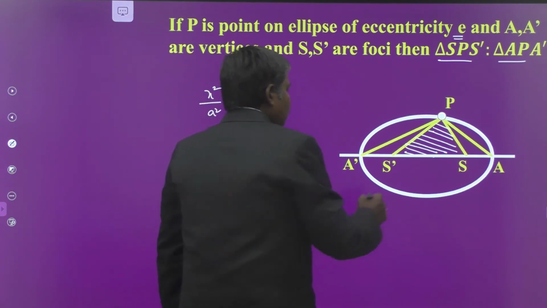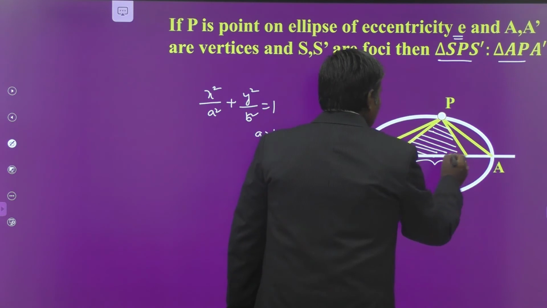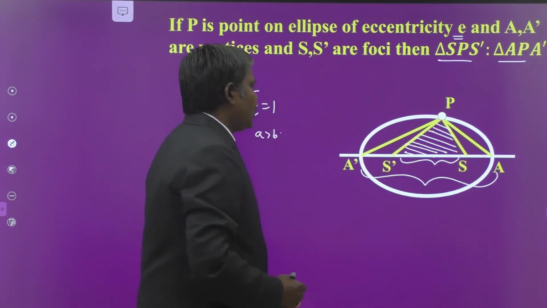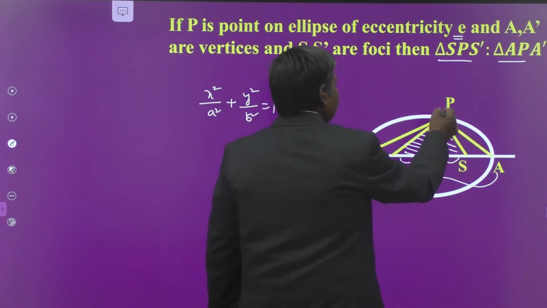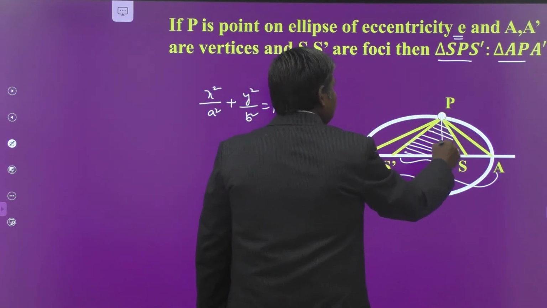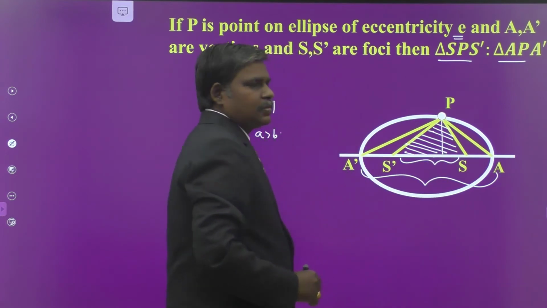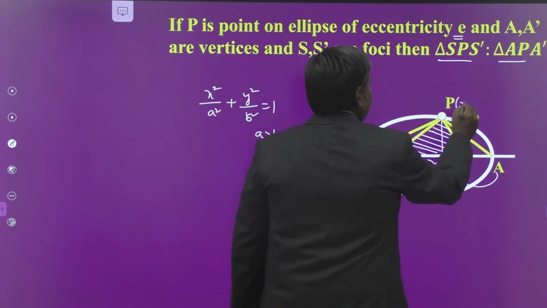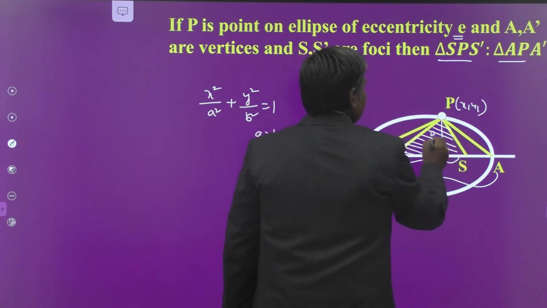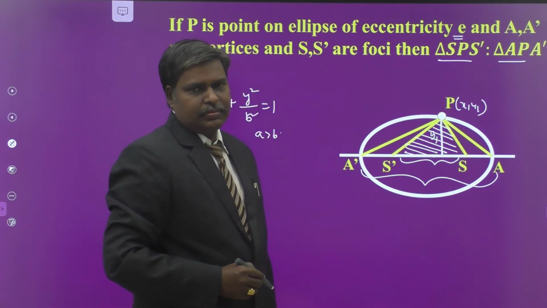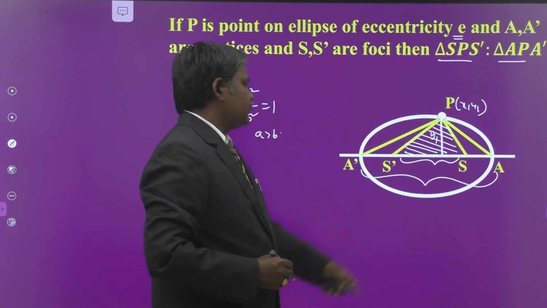My dears, for the two triangles, the bases are fixed or not? The bases are fixed, so the only varying quantity is the height of the triangle. Suppose the coordinates of P are x1, y1. Clearly the distance from here to here is y1, that is the height.